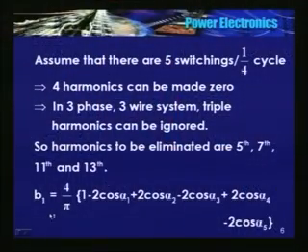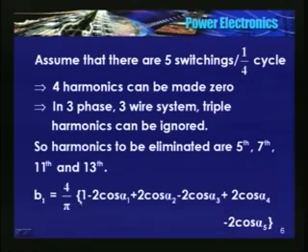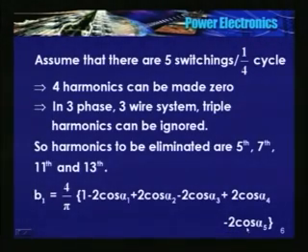Now using that equation which I showed you just now, I will write this equation. See here, B1 is equal to 4 by pi times 1 minus 2 cos alpha 1 plus 2 cos alpha 2 minus 2 cos alpha 3 plus 2 cos alpha 4 minus 2 cos alpha 5. 1 to 5, because there are 5 switchings per quarter cycle.